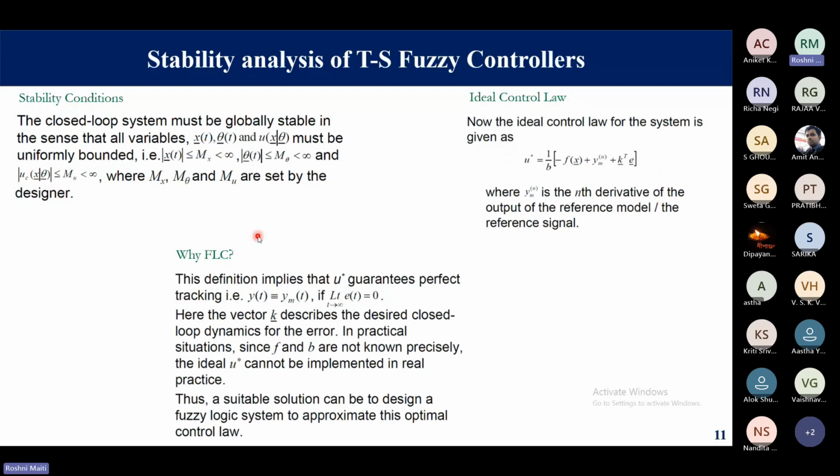For this, we can move to the fuzzy logic based control system.